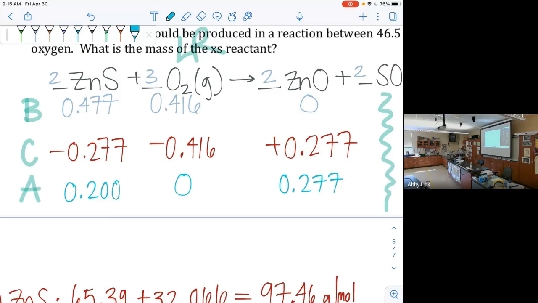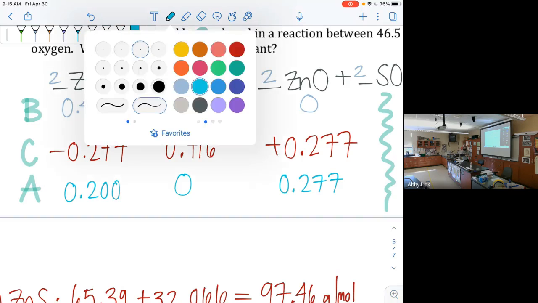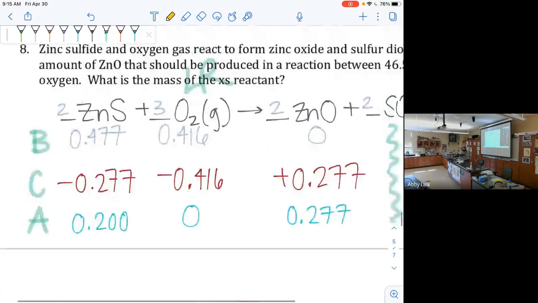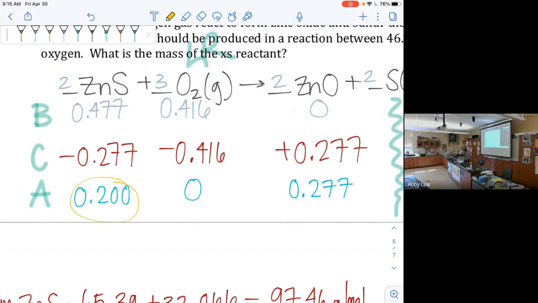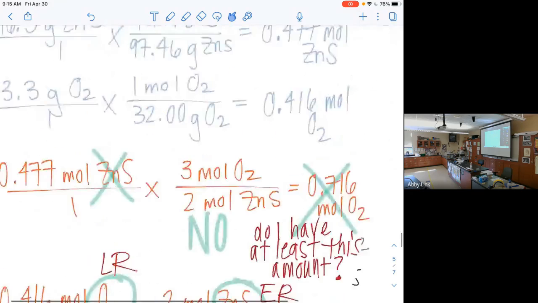Now, remember, this question was different from our last one because it wants the amount of ZnO, so it wants the grams of our zinc oxide, okay? But it also wants the mass of the excess reactant that remains. So what we're going to do is take our moles of ZnS and convert that into grams to answer that one question.